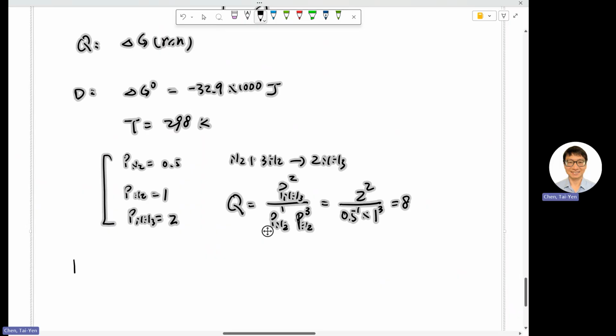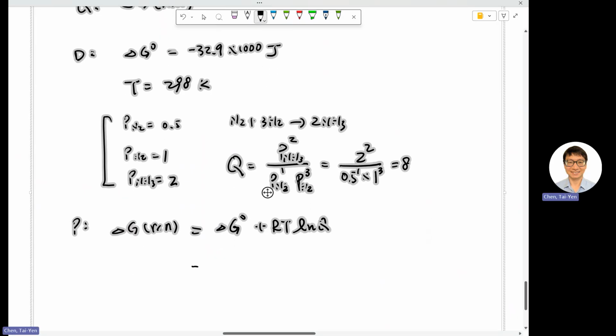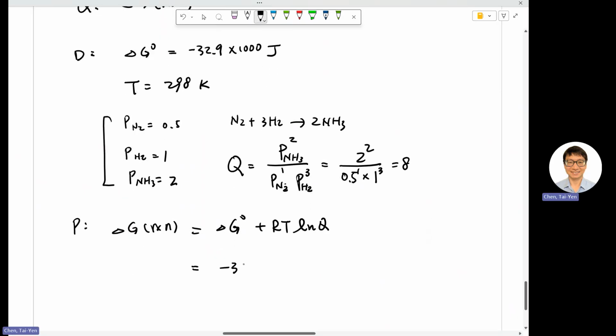Then you can plug in: the delta G of your reaction equals delta G naught plus RT natural log Q. Delta G naught is negative 32.9 times 1,000 plus R 8.314, T 298, and natural log Q, natural log 8, right?